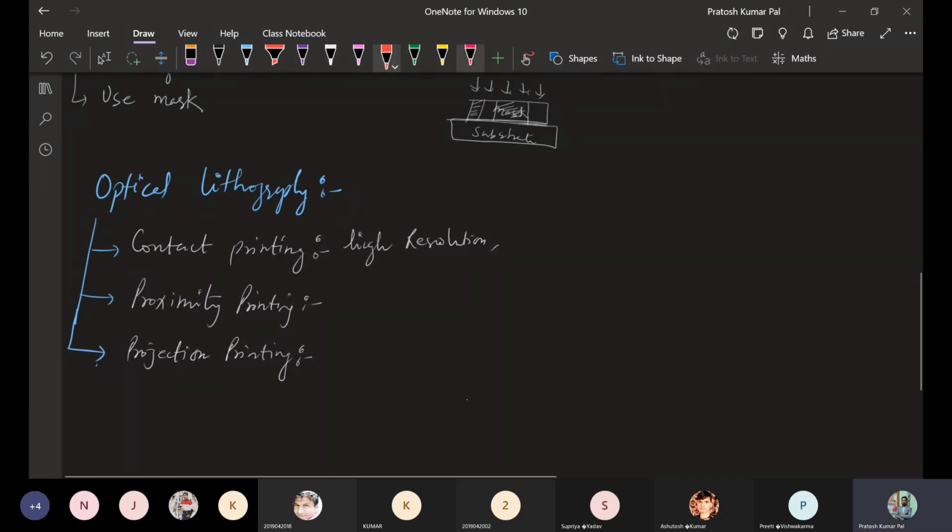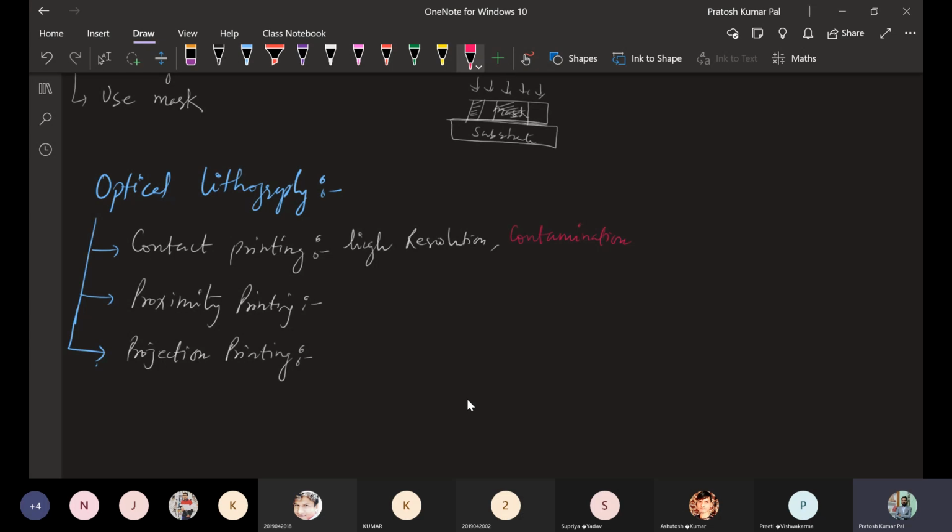Next is the disadvantage. There are some disadvantages to this. As there is direct contact between the mask and substrate, there is a chance of contamination. The substrate can get contaminated because of the dirt or any other impurities on the mask.